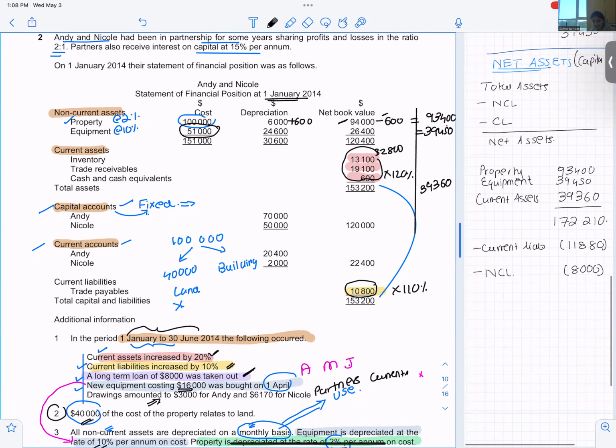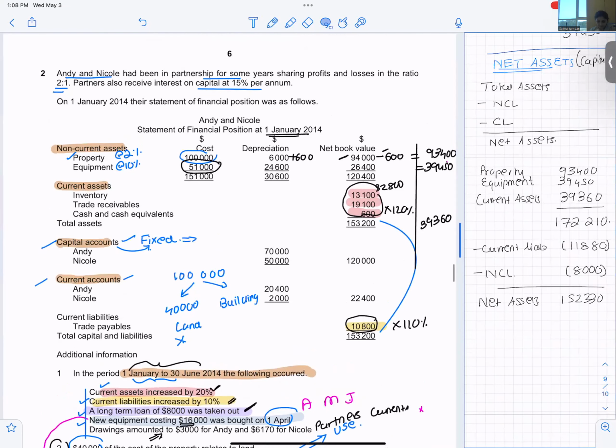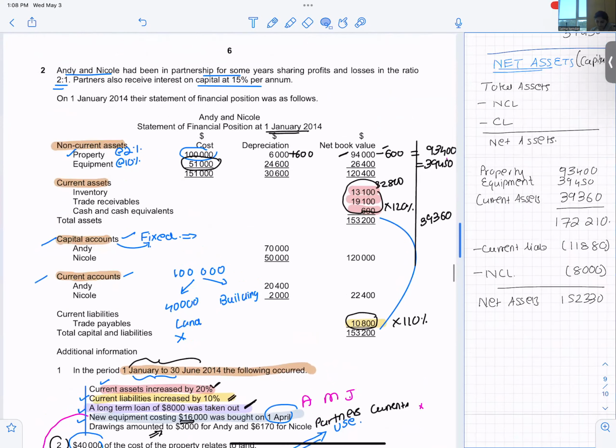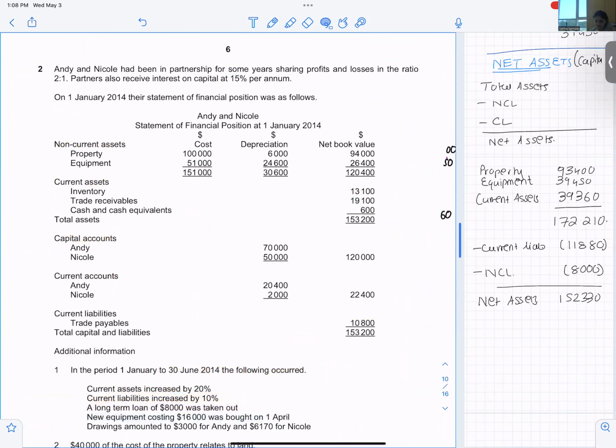So my net assets would be 152,330. Okay, so I have answered the A part.